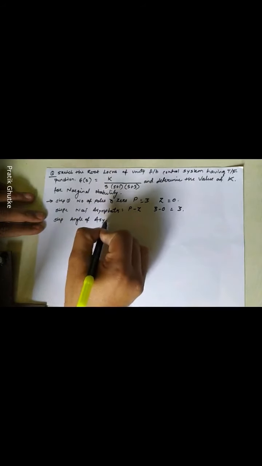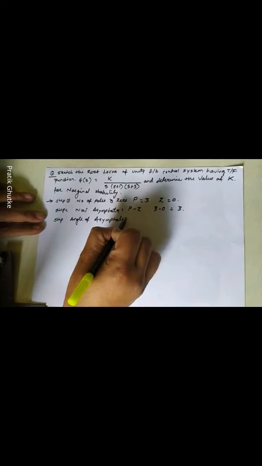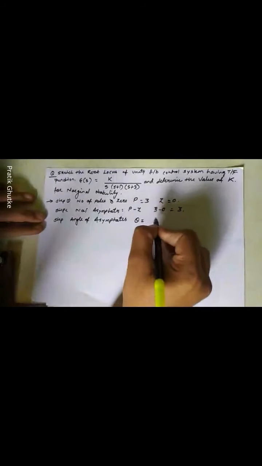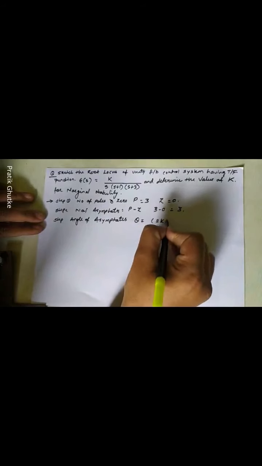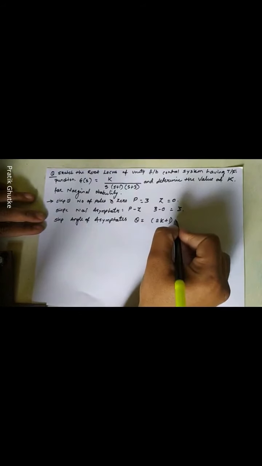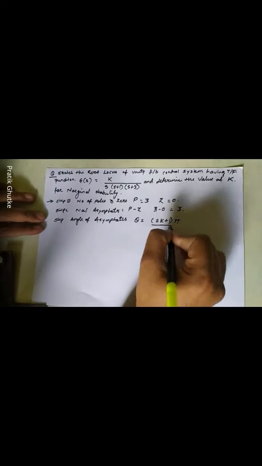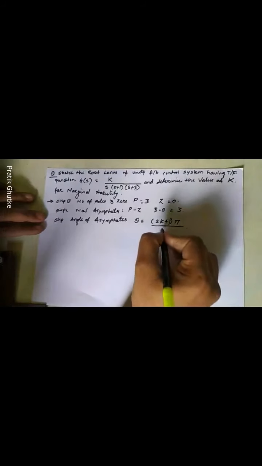Angle of asymptote theta, formula (2k plus 1) into pi divided by P minus Z. So k is varied from 0, 1 and 2. Why? Because I am having 3 asymptotes, therefore k should be varied from 0, 1 and 2.